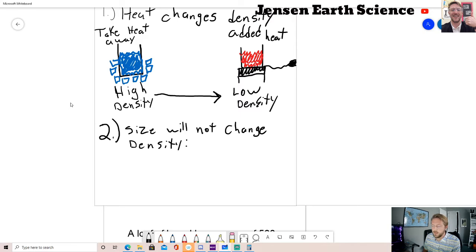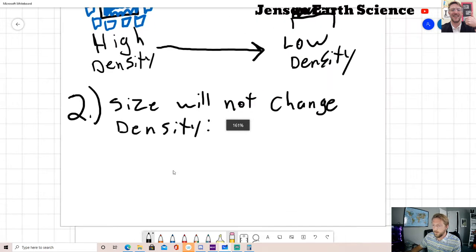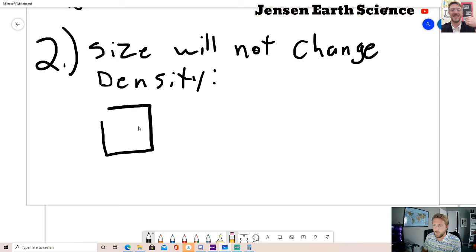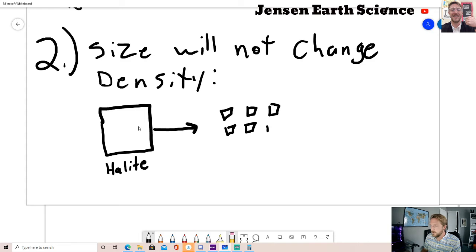So in class, we did an activity, or a problem, where we had a bunch of samples of halite. So I'll try to represent that. So here is one big chunk of halite, right, with a density. Imagine I took a hammer and smashed it, and now I have a bunch of smaller pieces of halite instead.